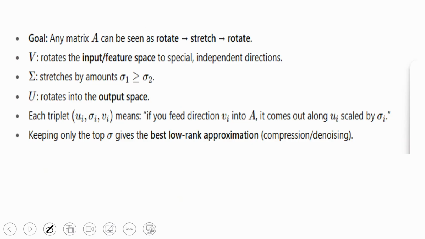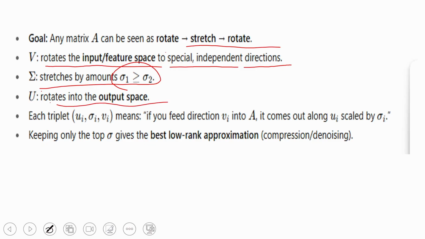Goal: any matrix A can be seen as rotate, stretch, rotate. V rotates the input feature space to specific independent directions. Sigma stretches by some amount; singular value 1 is greater than or equal to singular value 2. U rotates into the output space.